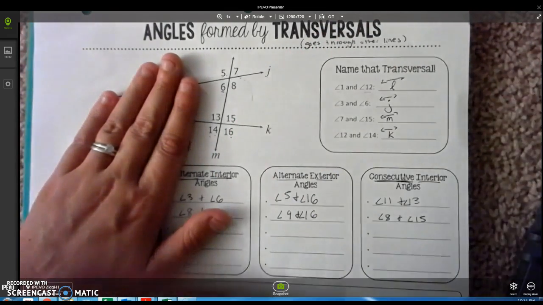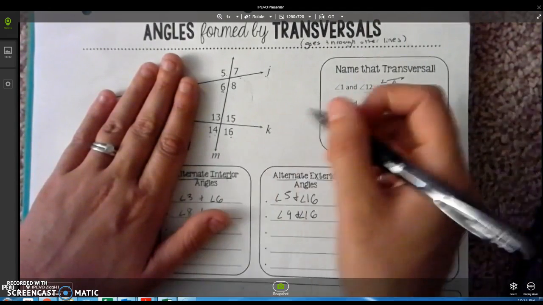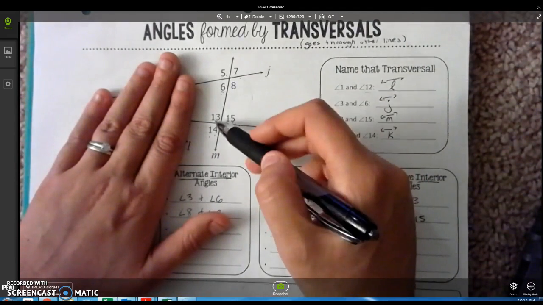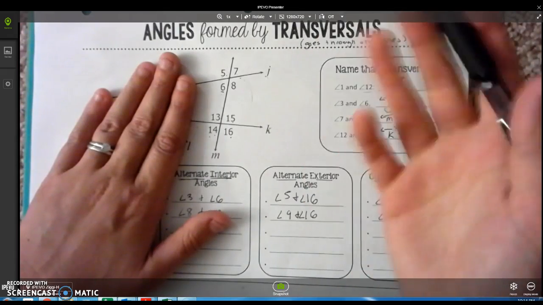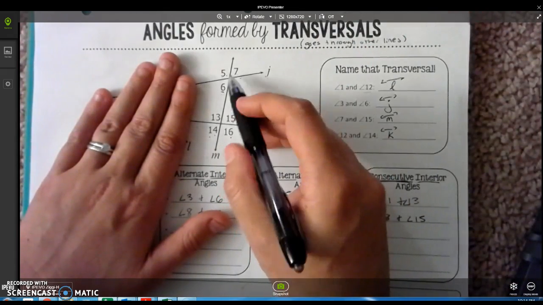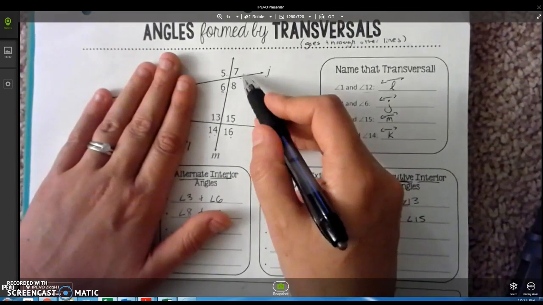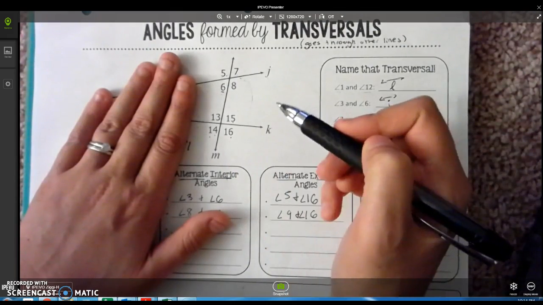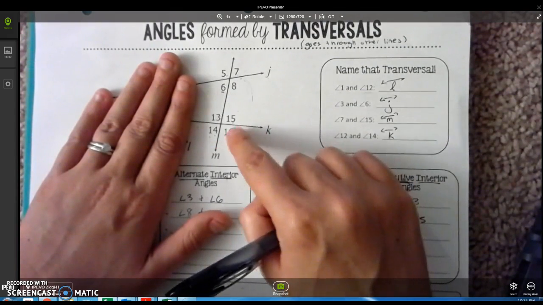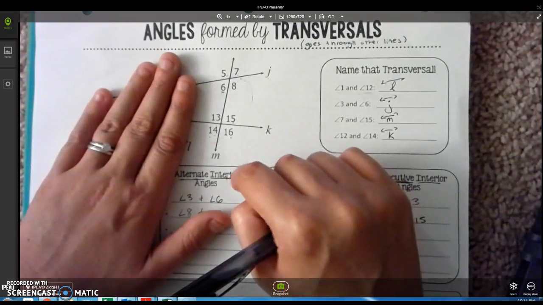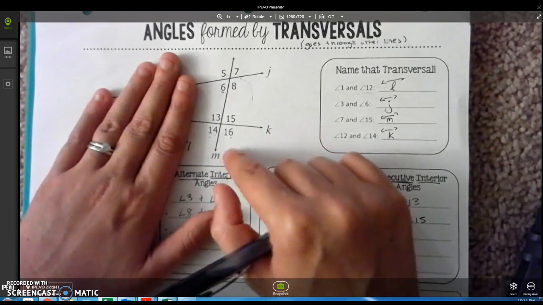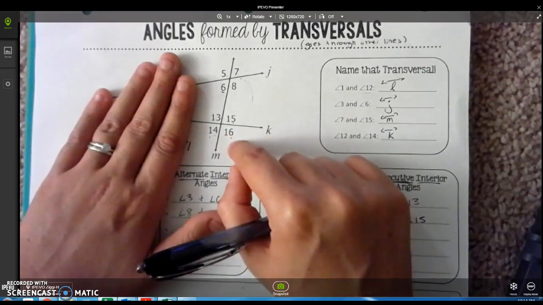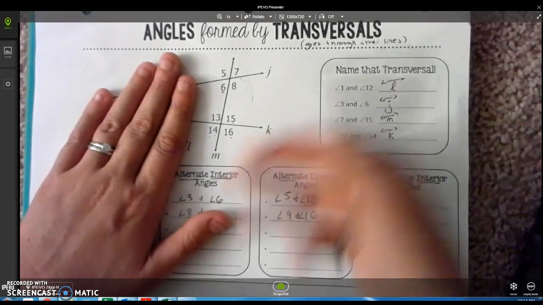Because we already know corresponding angles and triangles mean they're in the same place in the triangle. Here, that means the same place on my transversal. So 13 and 5 would be an example. 7 and 15 would be an example. They're on top of the line that my transversal went through, and they're on the right. 14 and 6 would be an example. They're on the left side and on the bottom.